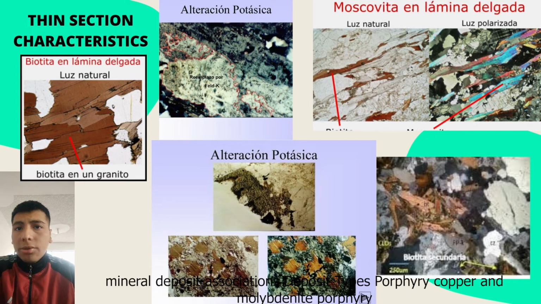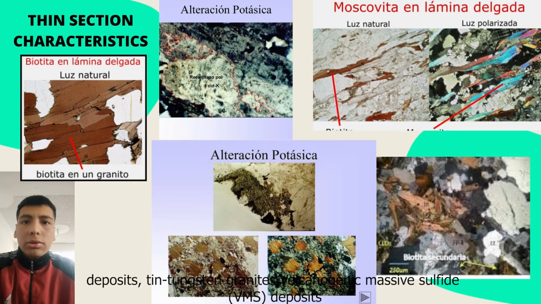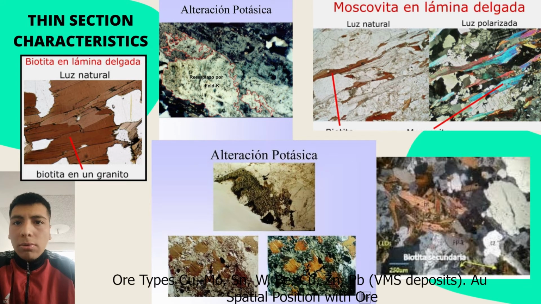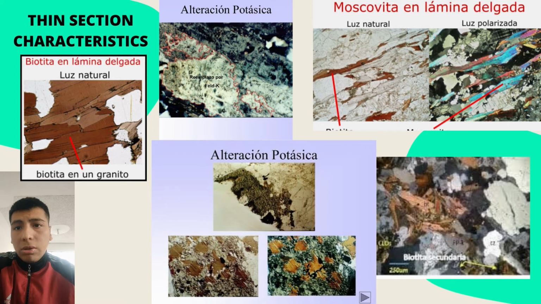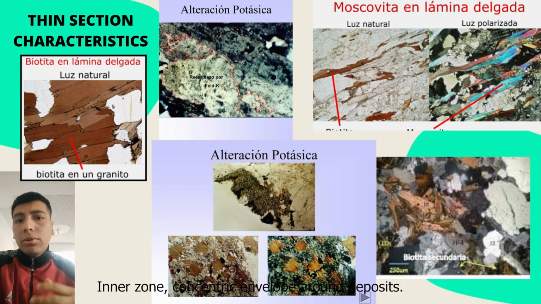Mineral deposit associations: porphyry copper and molybdenite deposits, porphyry deposits of the types Cu, Mo, Au, and some concentric and round deposits.